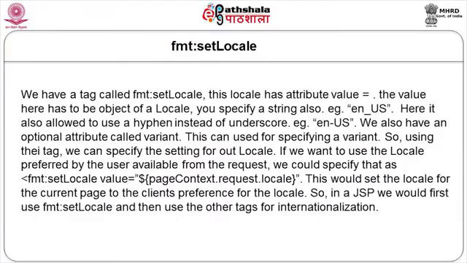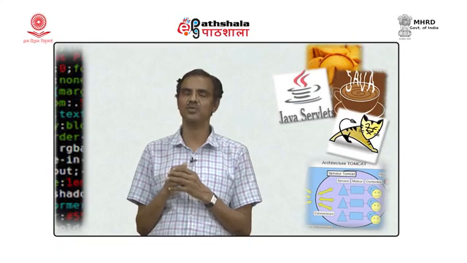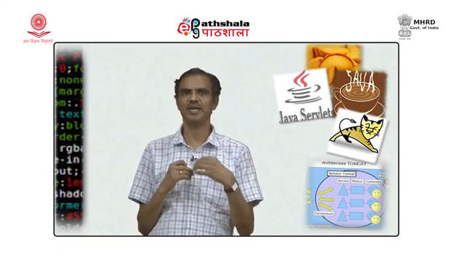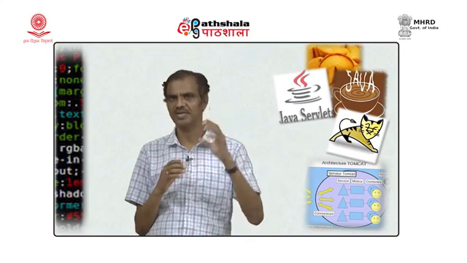So, we have a tag called set locale. Oh, this is not C, it is not a core tag, it is a format tag. So, one thing compulsory here is that in your JSP, if you want to use these tags, you will need to include the taglib for FMT. The FMT TLD has to be included, and for this format tag we have the tag called set locale.